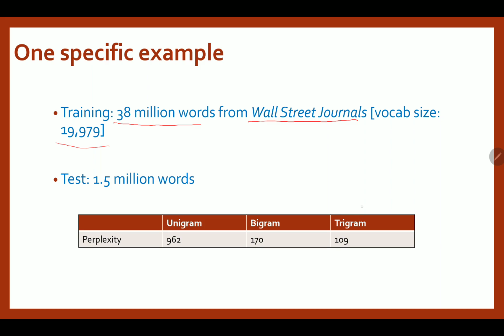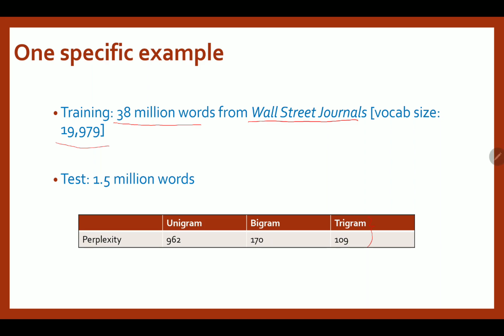So the trigram model in this particular case gives the better performance. That also matches our intuition, because in the unigram you are not considering any context, in the bigram you are considering only one context word, the last word, and in the trigram you are considering the last two words.